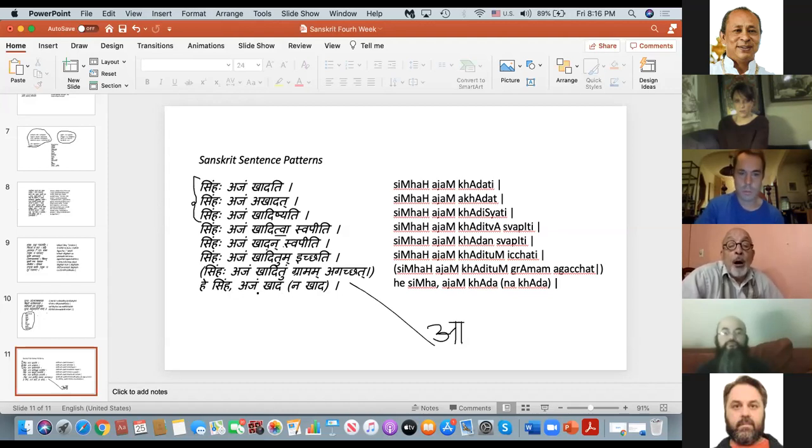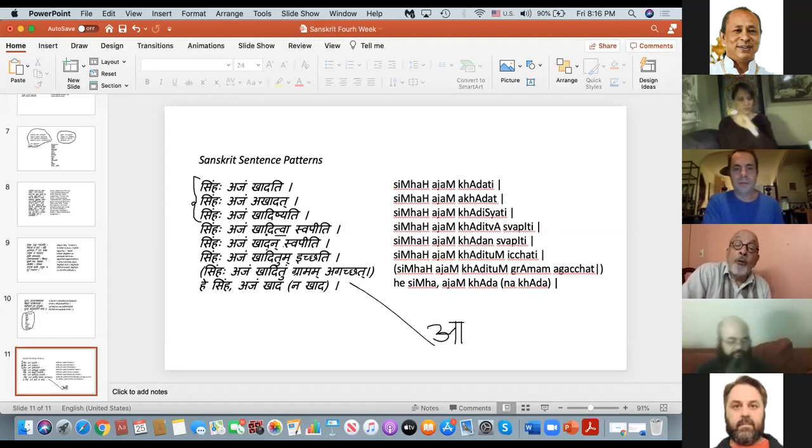Hey Simha, ajam khada. Can you guess what this means? Hey Simha, hey lion, eat the goat. This is a command. Or nakhada. Hey Simha, ajam nakhada. Right? Don't eat the goat.